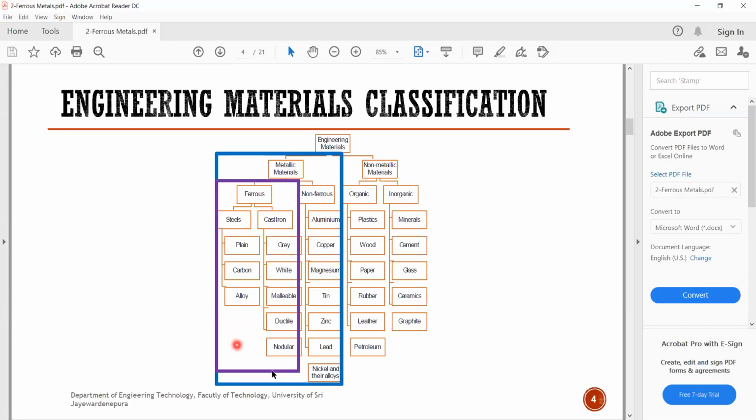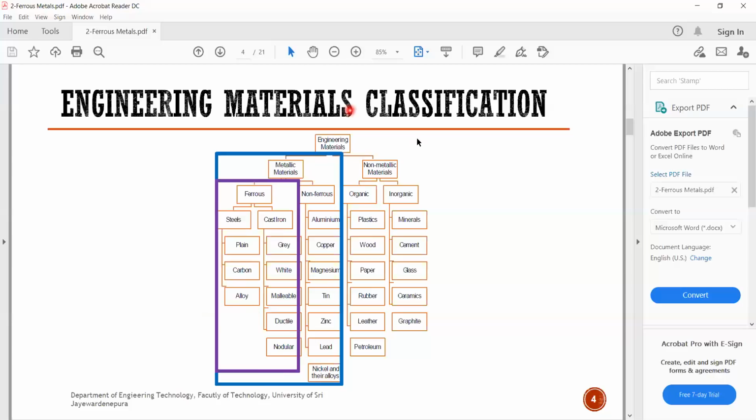Those materials that have iron as a component are called ferrous materials. Then you can further classify them into two sections. One is steels, the other one is cast iron. Steels are plain carbon and alloy. Likewise you can classify the ferrous materials. Non-ferrous material means they don't have iron as a component. So these are the non-ferrous materials.